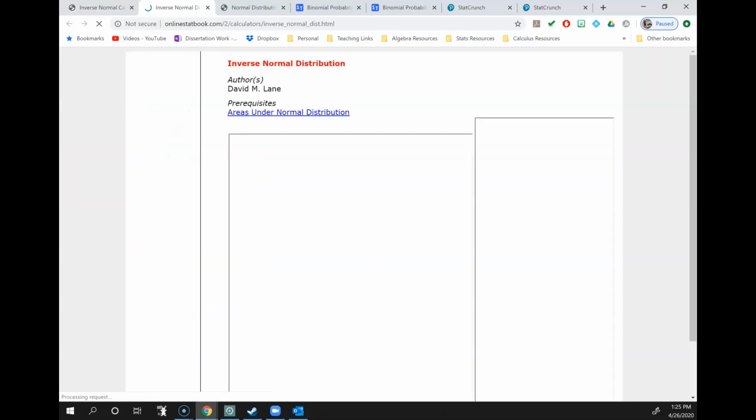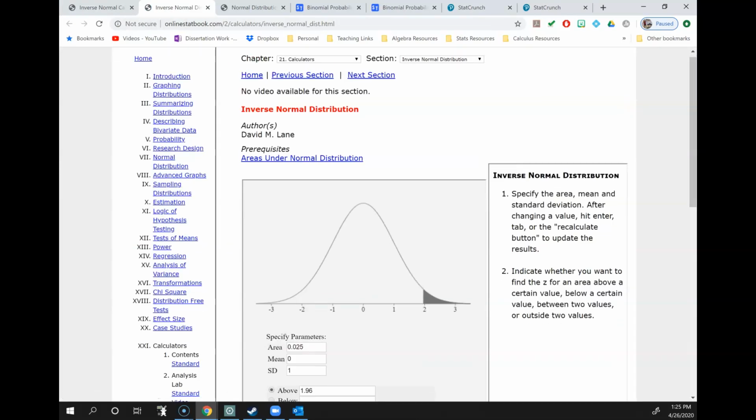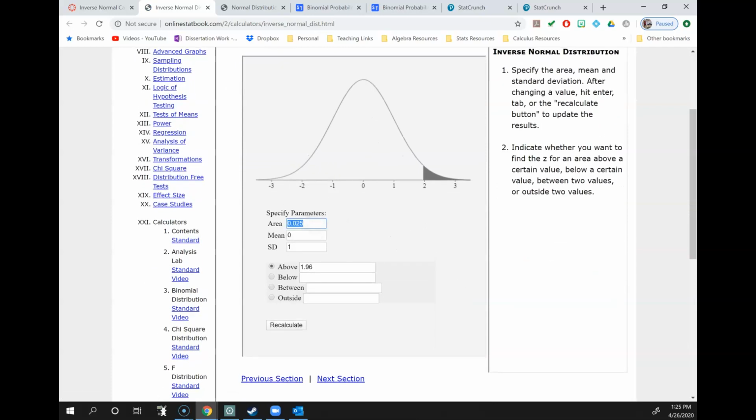So the inverse calculator gives areas under the normal distribution is what we need. You're going to type in your area as a decimal, so 0.03 for that 3%. I'm going to throw back in my mean, 49.4, and my standard deviation of 3. And then again, you're going to choose above, below, between, or outside. So if it was a below, we'd be down here.